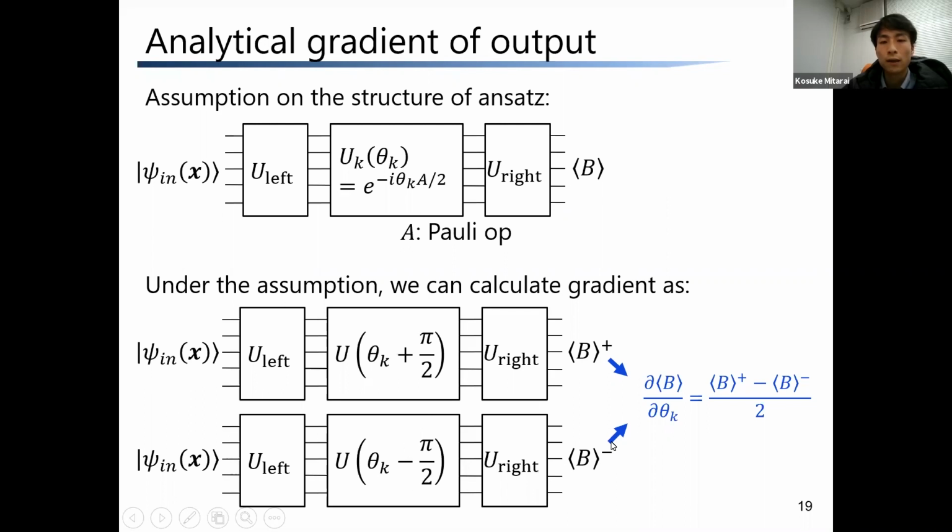Then we combine them by this formula, B plus minus B minus, and you get the gradient of the expectation value of B with respect to the k-th parameter.